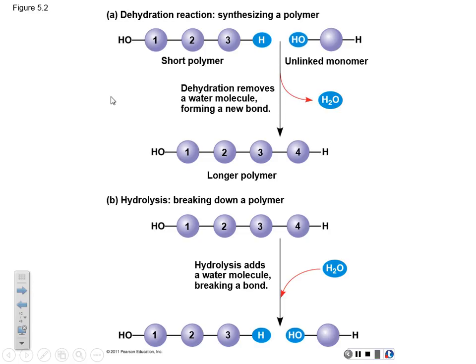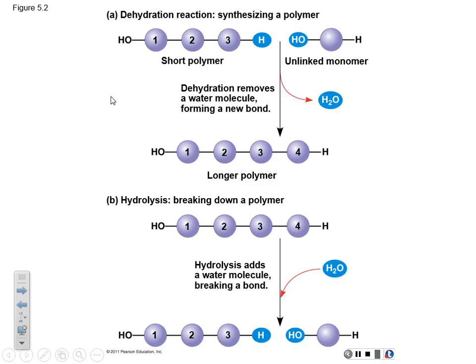They are all called dehydration reactions. Okay, so extending a polymer by adding on more monomers, each monomer that gets added on in what we call a dehydration reaction. It's called a dehydration. It's a good name. Somebody was clever when they came up with this name.